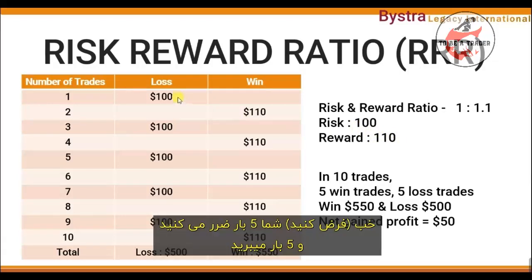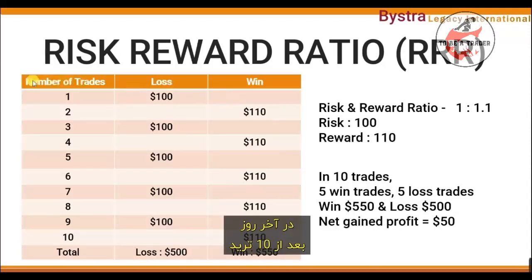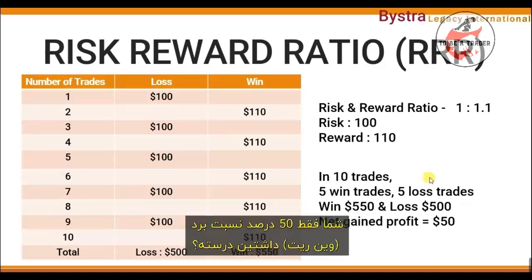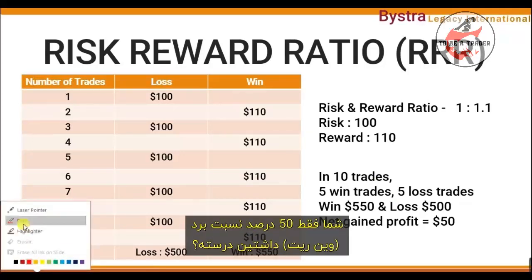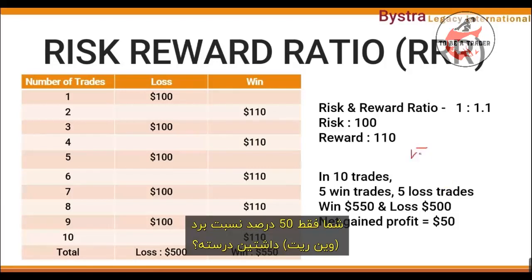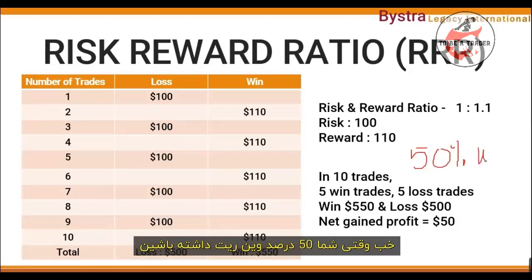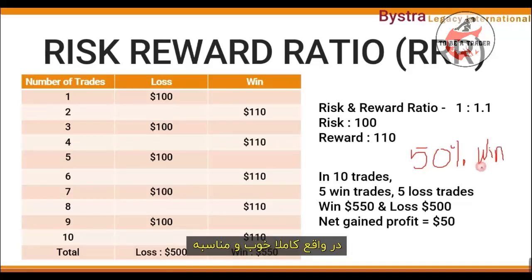So you lose 5 times and you win 5 times. At the end of your 10 trades, you only have a 50% win rate, isn't it? But a 50% win rate is actually quite good. It is considerably good enough.